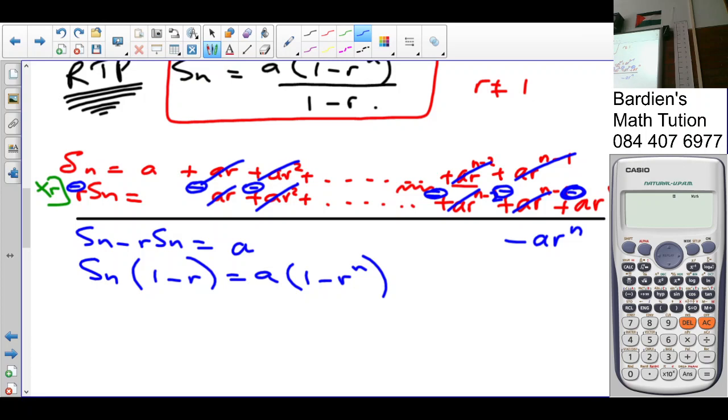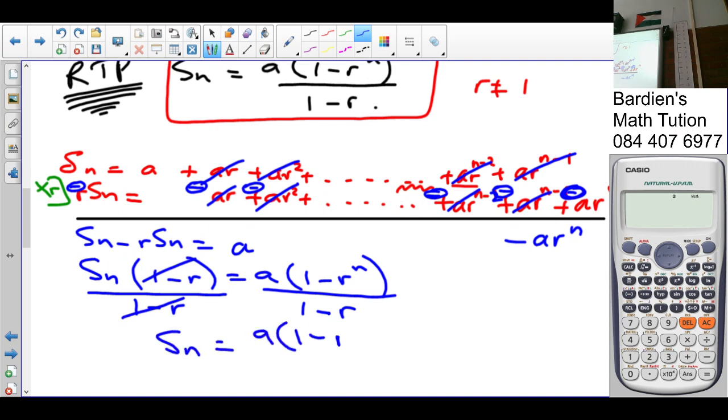So how do I get Sn on its own? Divide by 1 minus r. That's gone. So Sn is equal to A times (1 minus r to the n) over (1 minus r).